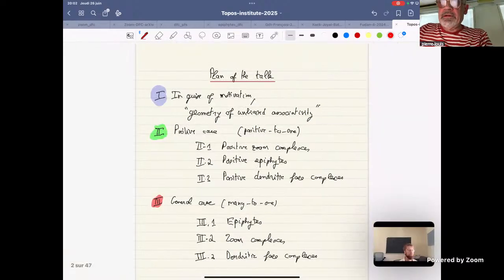In the talk, I will try to motivate Opetopes and of course introduce them, by means of pictures featuring the geometry of unbiased associativity.